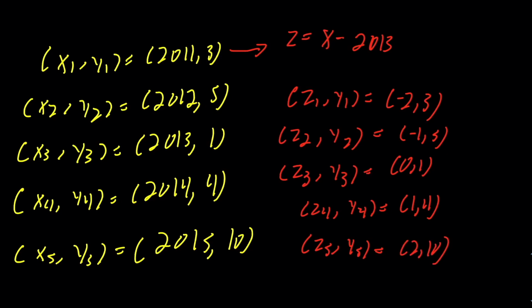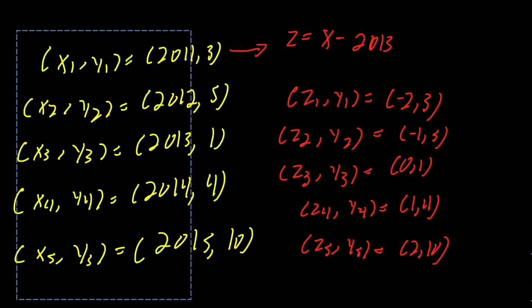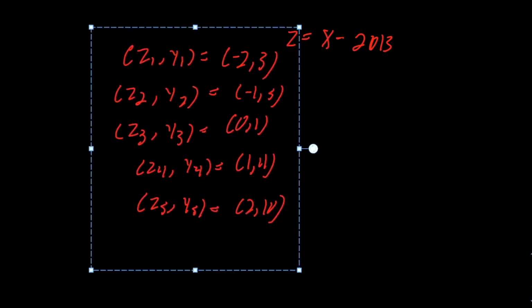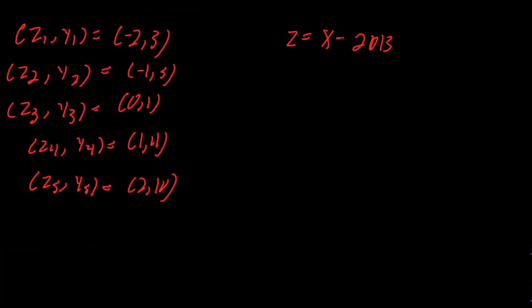Do you see what we did here? We've changed the x variables so they are in terms of z. And that's great, because this system of equations looks so much more bearable now.